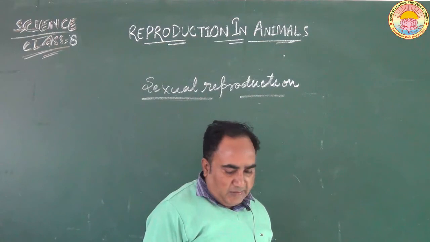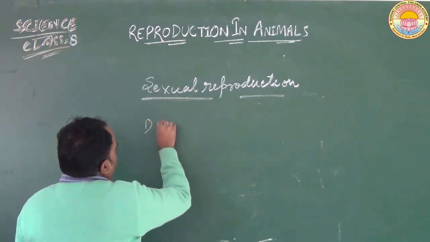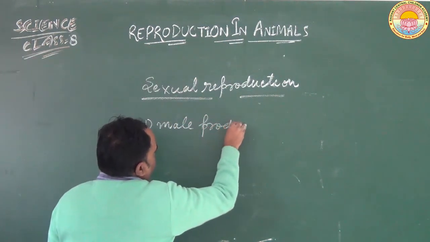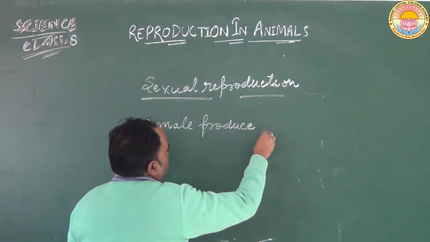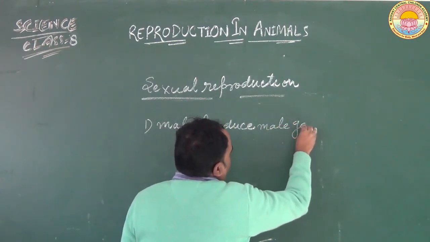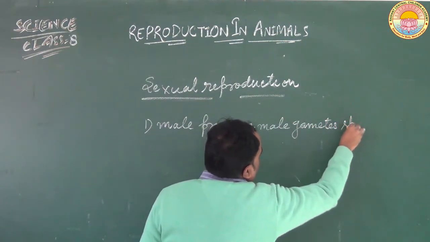The first step is that the male produces male gametes, sperm.